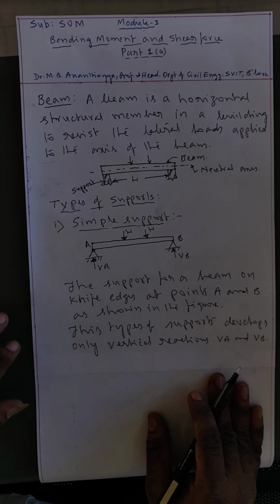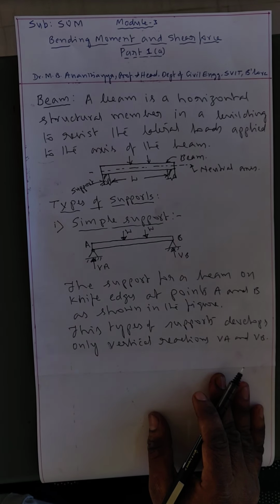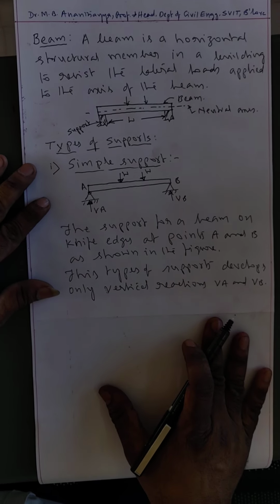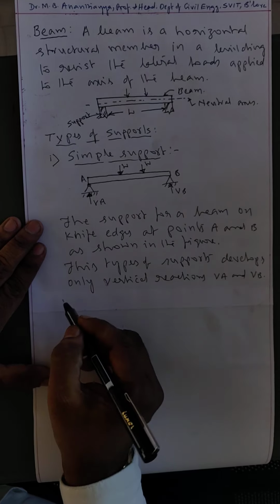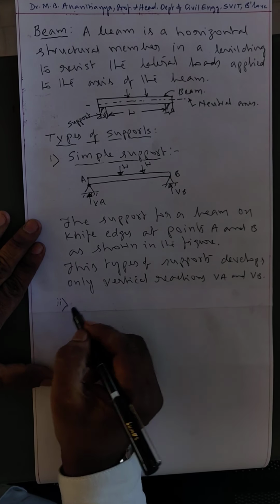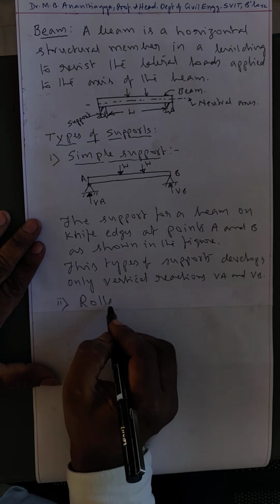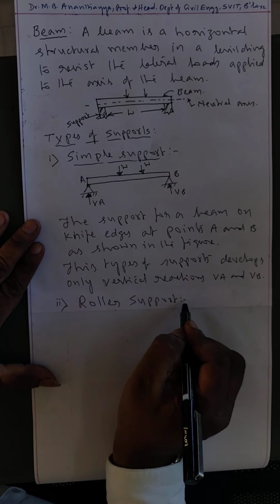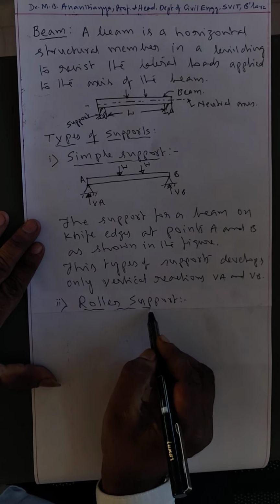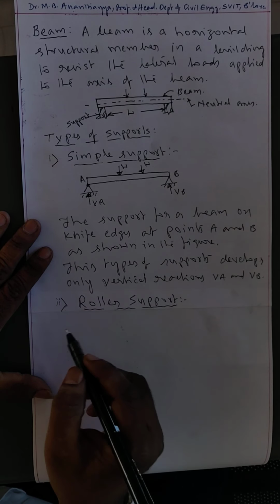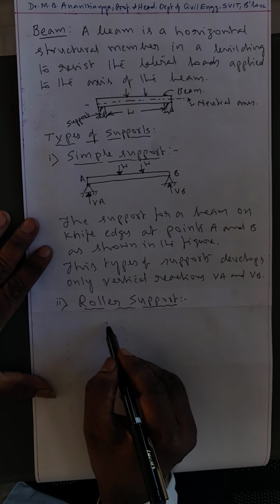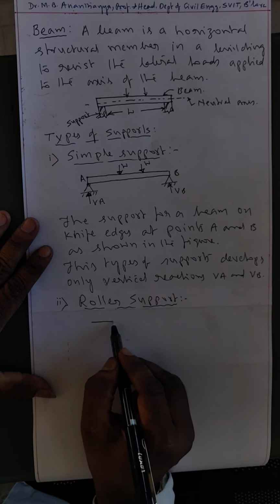This is simple support. Next we will see the second type of support. It is roller support. If the support for a beam is on rollers, then it is called roller support. For example, I will draw a beam here.